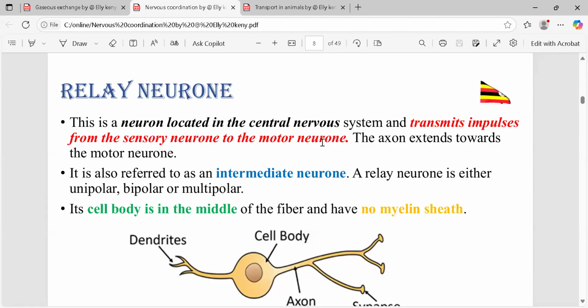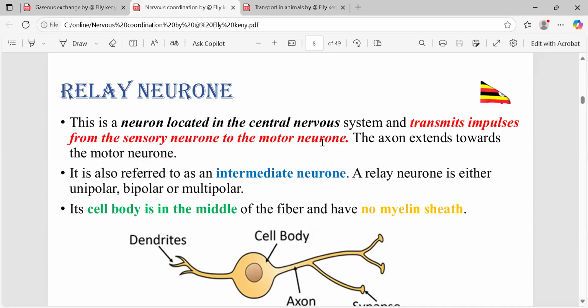It transmits impulses from the sensory neuron to the motor neuron. So this one is just a link between the two. It connects the sensory neuron to the motor neuron. This one is found in the central nervous system. Let's take the case of the spinal cord, okay? It is also referred to as the intermediate neuron. A relay neuron is either unipolar, bipolar, or multipolar.